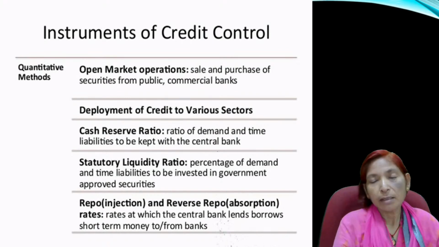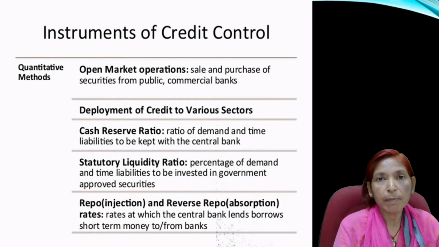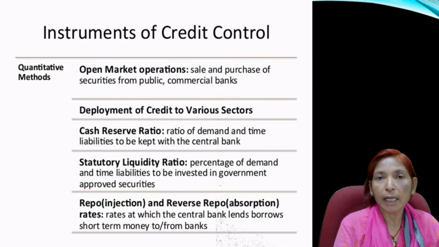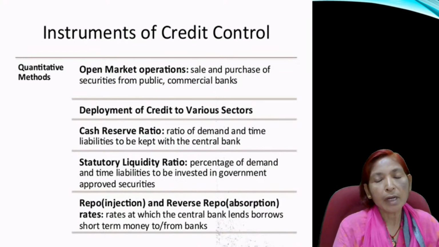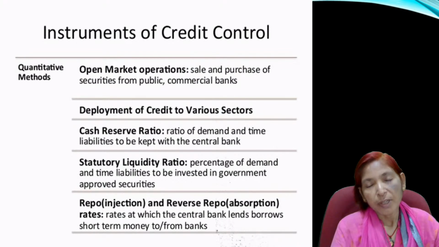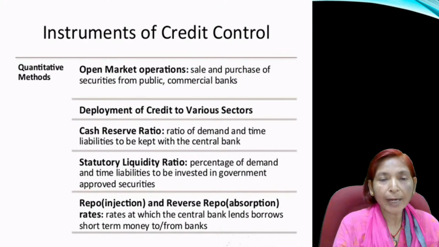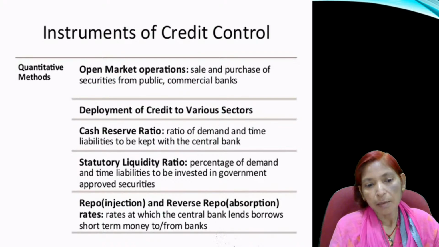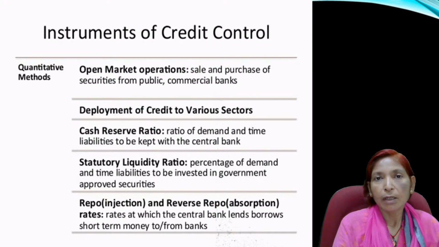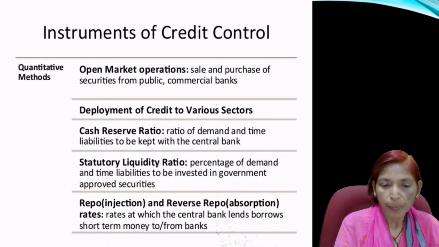Repo rate is that rate at which commercial banks can take borrowings from RBI for a shorter time period, and at the reverse repo rate, RBI can take loans from the commercial banks. At the repo rate, RBI provides loans to the commercial banks, but at the reverse repo rate, RBI takes loans from the commercial banks.